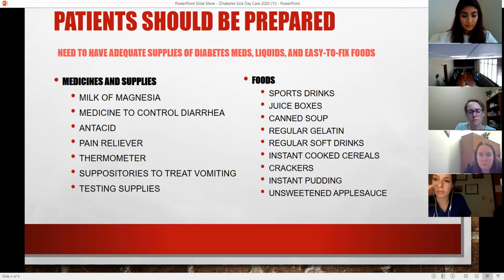But when they are sick, they are going to need to keep hydrated, and they're going to need to have some carbohydrate because they may have some insulins on board that need to at least have food or some kind of carbohydrate on board so they don't get hypoglycemic. So I tell them, sports drinks, juice boxes, soups, gelatin, of course your crackers, things that would be easy to digest or keep down. Next slide.